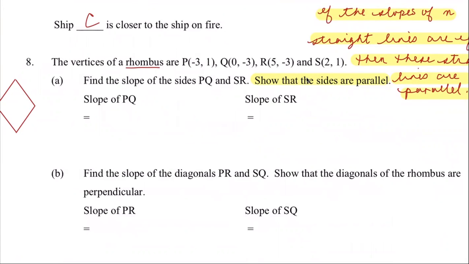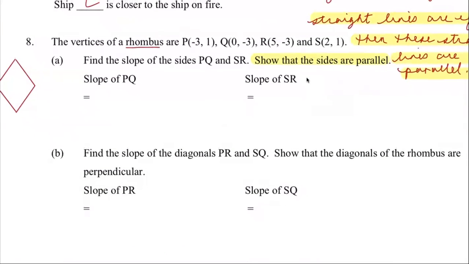The slope of PQ is equal to y2 minus y1 over x2 minus x1, so that's -3 minus 1 over 0 minus 3. Minus 3 minus 1 is minus 4, and 0 minus minus 3 is positive 3. So that's just -4/3.